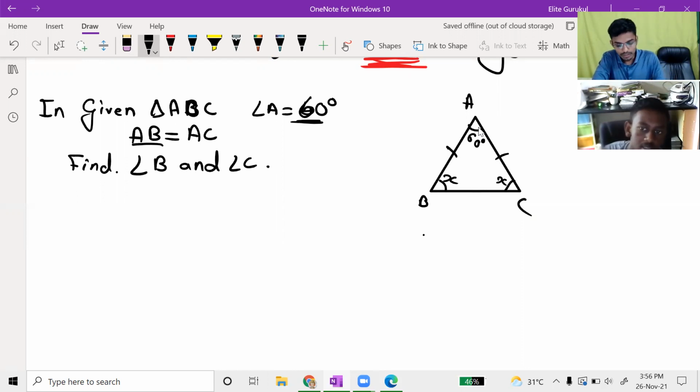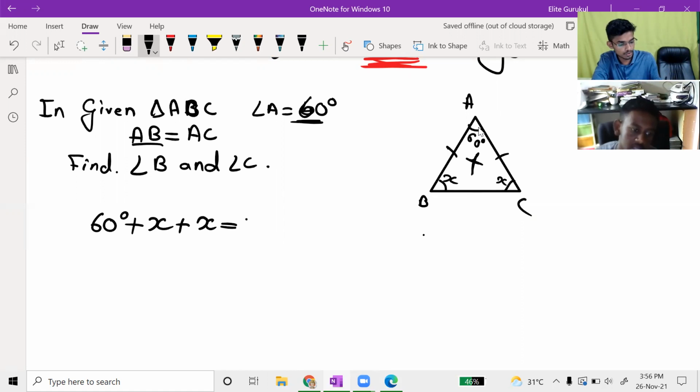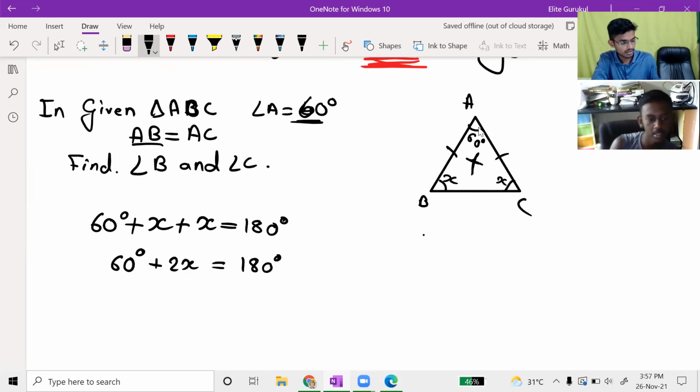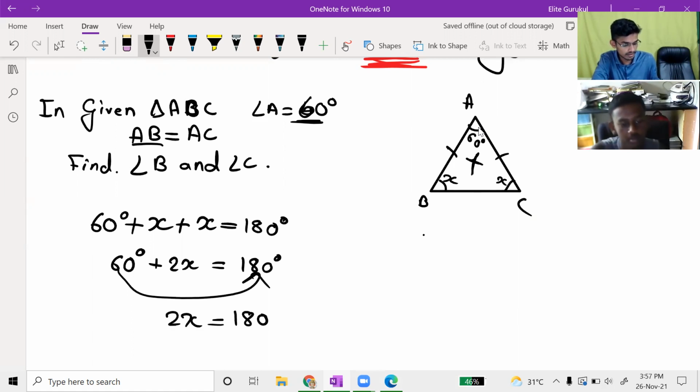And we know that the total of these three angles will be 180 degree. So 60 degree plus 2x is equal to 180 degree. Then 2x is equal to 180 degree minus 60 degree.